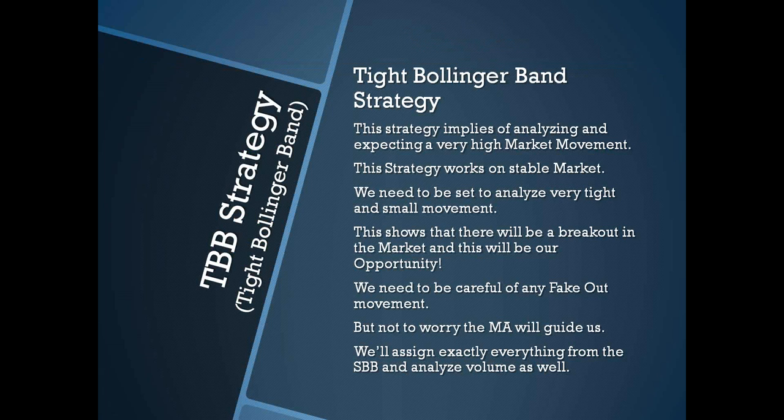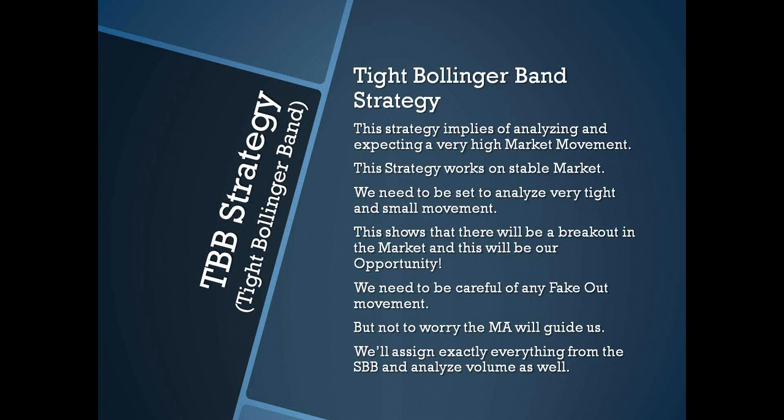Okay, look forward. We have our second strategy, which is not only very efficient but very interesting. It's the TBB strategy, the tight Bollinger Band. So I'm just going to read exactly what we have here. The tight Bollinger Band strategy implies analyzing and expecting a very high market movement.